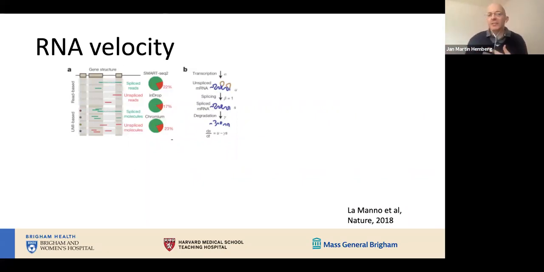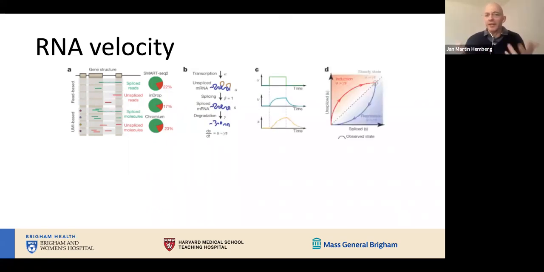Then you can set up a very simple first order differential equation for how the RNA gets transcribed and spliced, and using the number of spliced and unspliced reads, you can fit the parameters for this ODE.